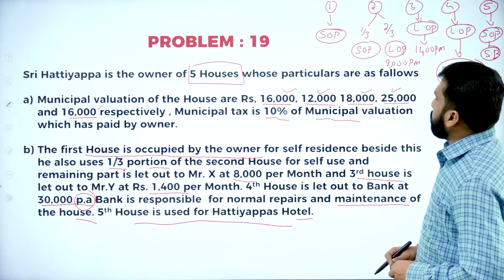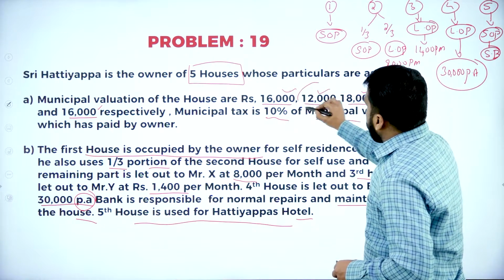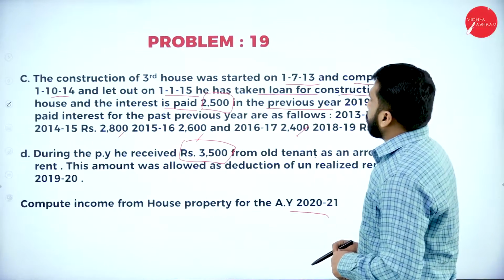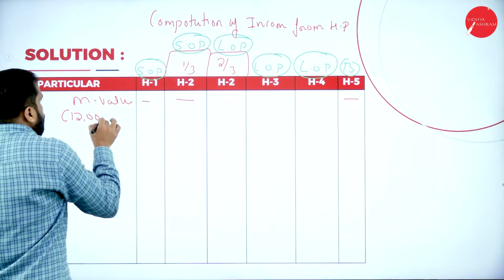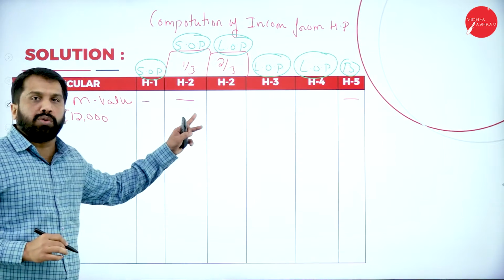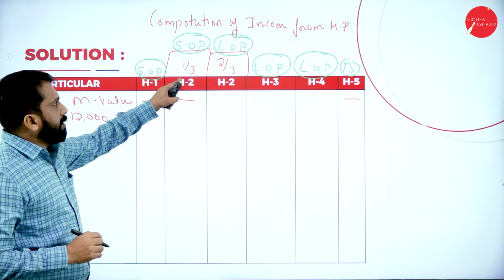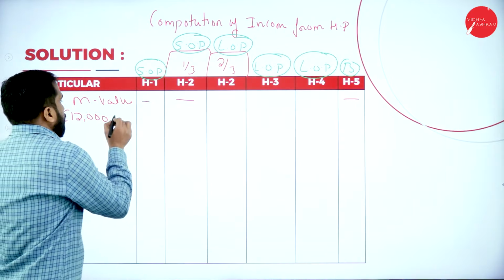So, how much municipal valuation? It is 12,000. This is for house 2, but we will not go for complete because 1/3 is self-occupied, 2/3 is let out. I'll go for 2/3.